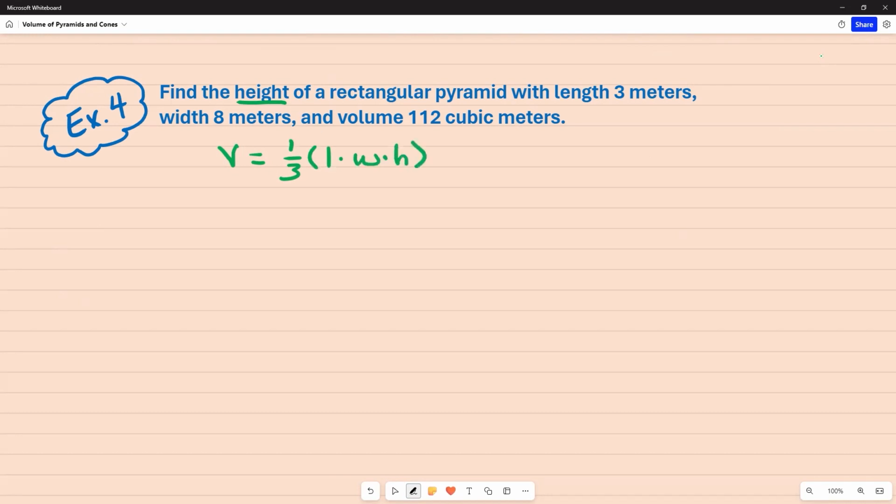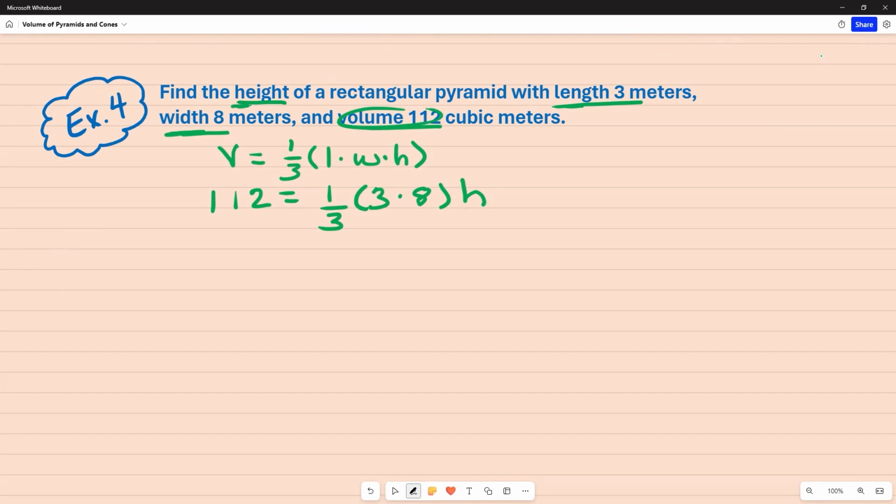We are given the length, the width, and the volume, so we're going to substitute what we know. Volume starts with V, so that's going to be on this side: 112 is equal to 1 over 3. Length starts with L, so we put 3 here. Width starts with W, so we put 8 there, times 8. And we're trying to find height, which starts with H.